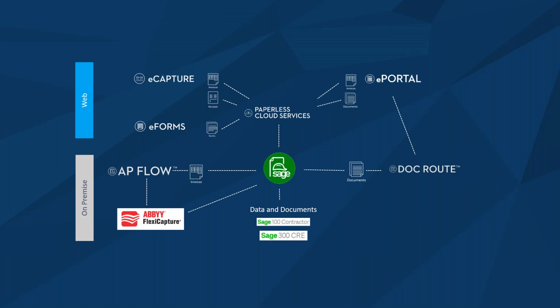So one other product that I'll mention, and it really comes in on the front end, is our Abbyy FlexiCapture. That's a new application that we just added, which is an intelligent OCR recognition tool. So as you're scanning in documents or bringing them in through email, Abbyy looks at those documents, and the first time it sees a new document, it uses artificial intelligence to determine where the vendor number, where the date, where the job number, purchase order, whatever the case may be.